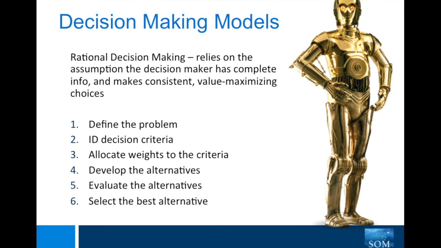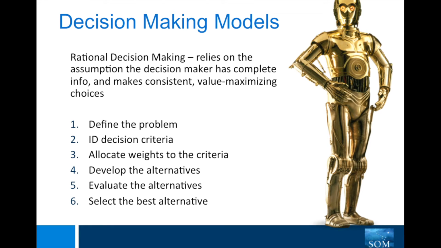So how do we overcome these biases that we have in judging others? Well, one way to go about it is to apply a decision-making model. The rational decision-making model relies on the assumption that the decision maker has complete information and can make consistent value-maximizing choices.